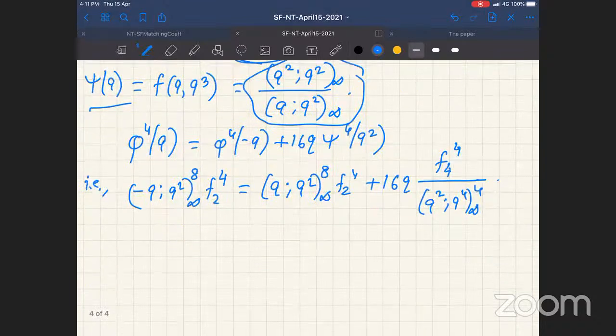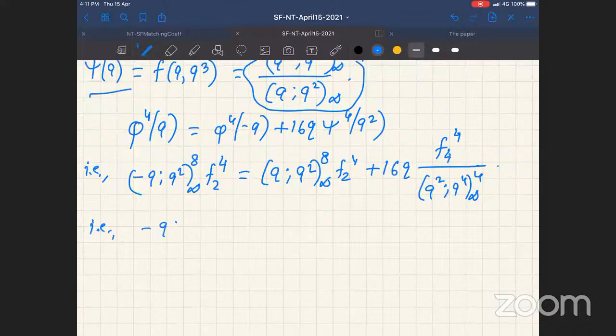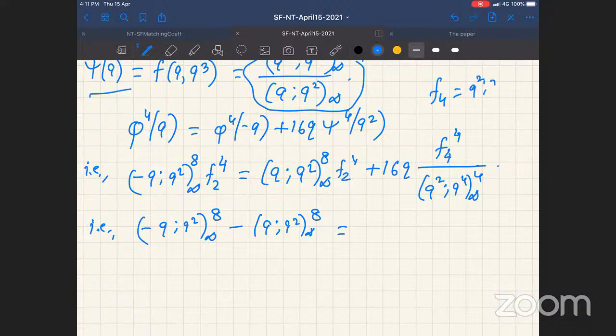And from here, it actually follows that this is nothing but f4, which is (q⁴; q⁴)∞, and minus q². Therefore we applied Euler's identity, that 1 over (q²; q²)∞ is equal to (−q; q)∞.